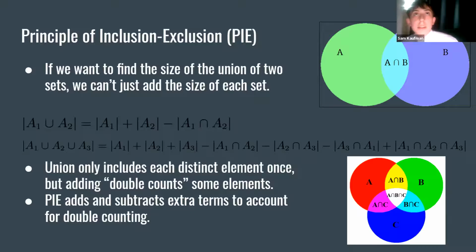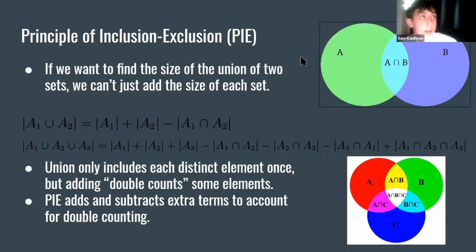So if I look at this set A and set B here, if I added the number of elements of set A to the number of elements of set B, I would include this light blue area twice. So we would count some elements twice. So the principle of inclusion and exclusion is where you subtract whatever you overcount.